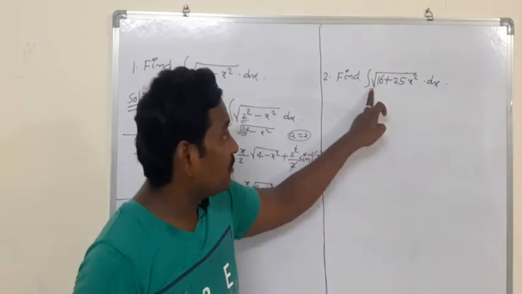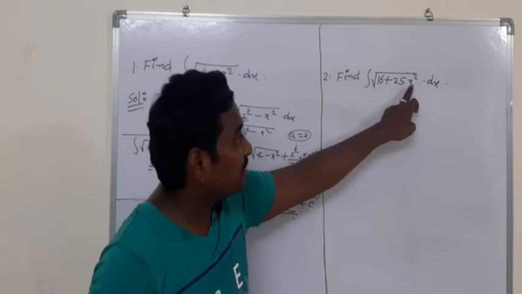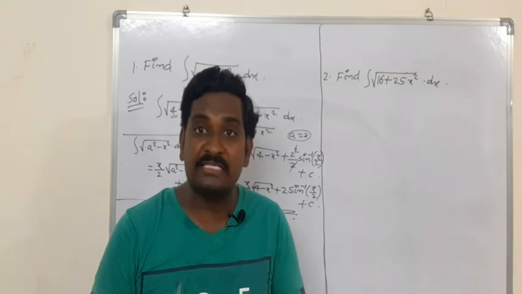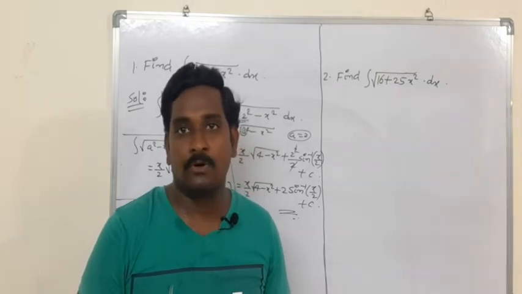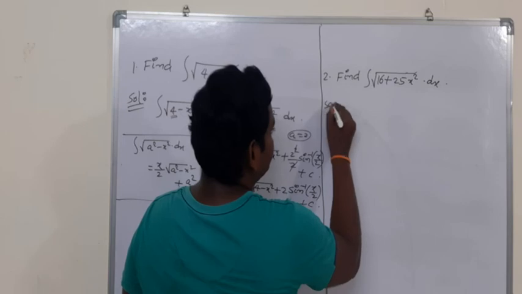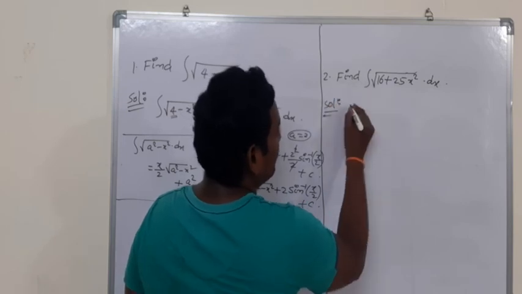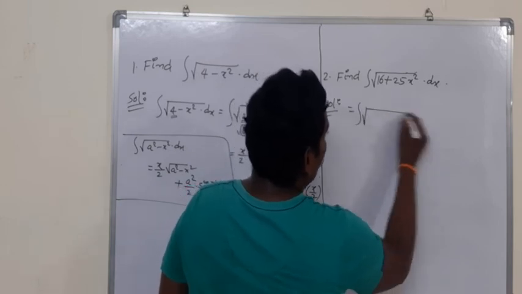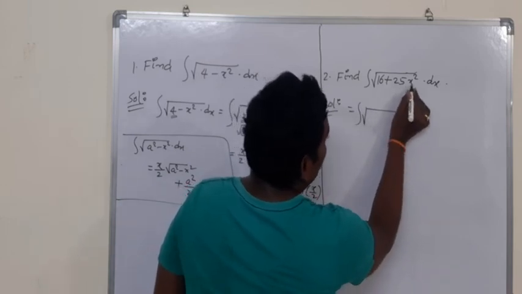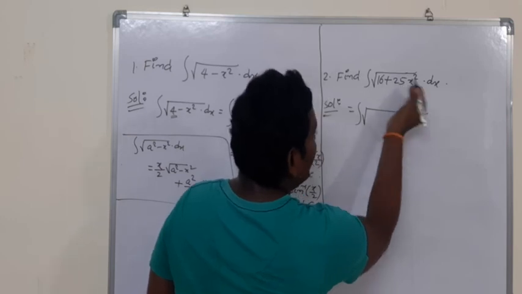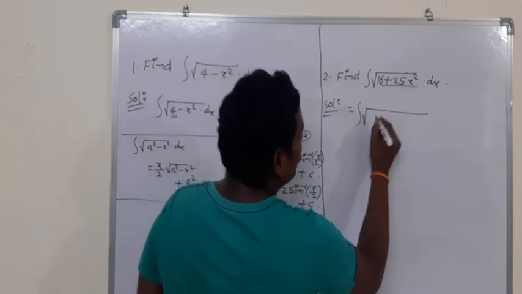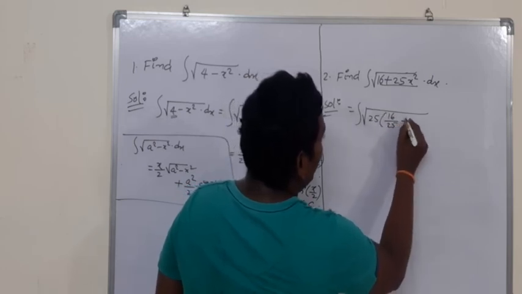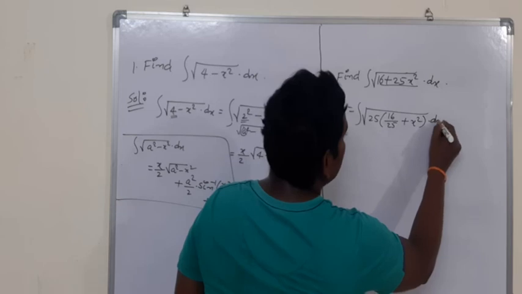Find integration of root over 16 plus 25x square. It is better to always make the coefficient of x square 1. That's why, first take this problem, and the given problem becomes integration of root over, to make the coefficient of x square 1, take 25 common out of both parts. 25 into, here you will get 16 by 25 plus x square, into dx.